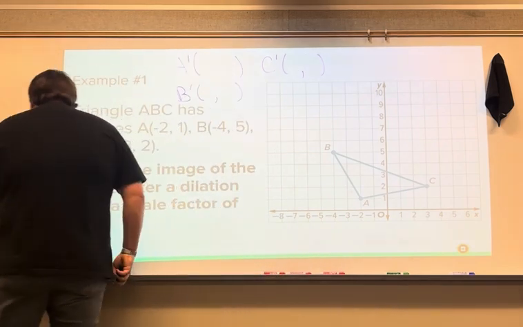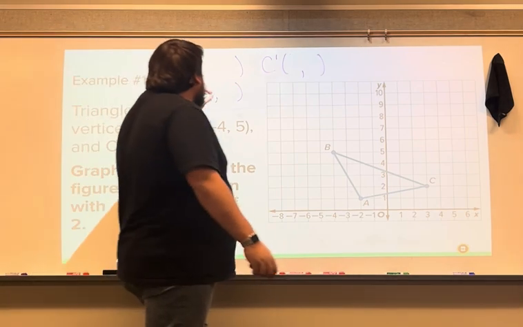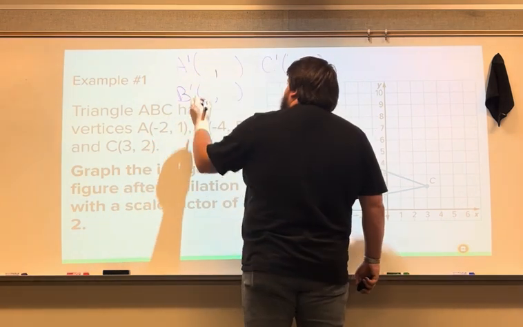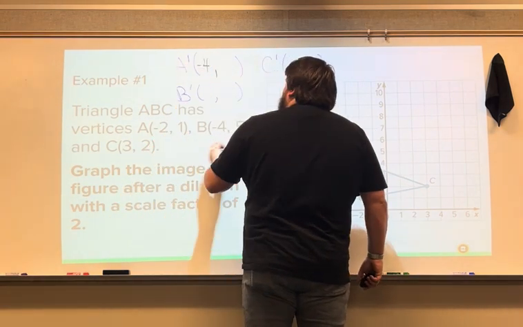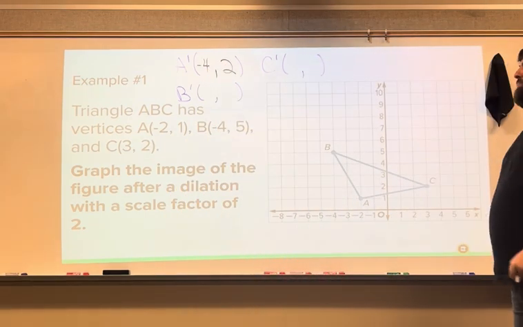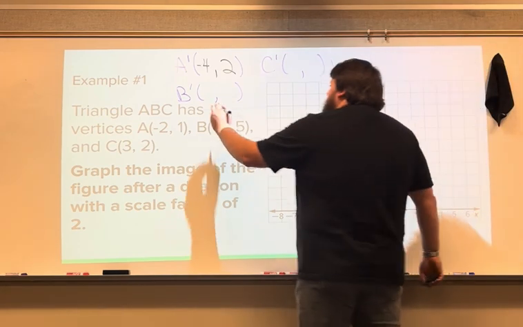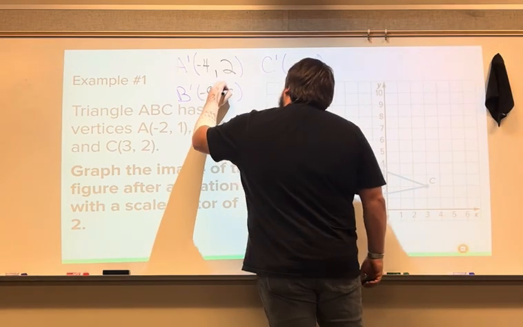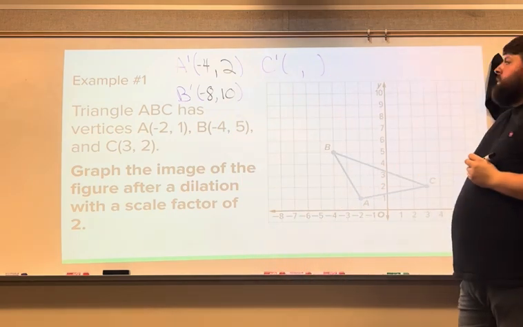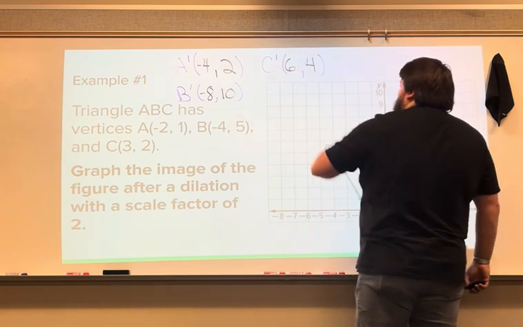So as we're looking at this, all right, if A is -2, 1, and we're dilating it by a scale factor of 2, we take -2 and 1 and multiply it by 2. So -2 times 2 is -4. 1 times 2 gives me 2. B prime would be 2 times -4, 2 times 5. So I end up with -8, 10. Then C prime would be 6, 4.